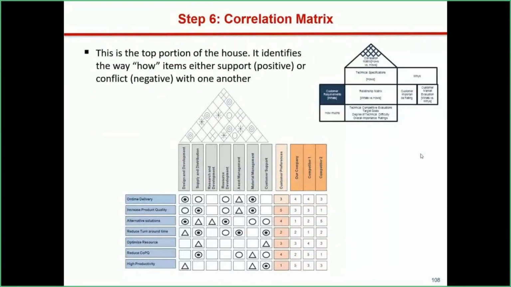Now, based on this that we have received, you see this is the top portion of the house that identifies the way items either support positive or conflict negative with one another. So there are different symbols again used here to identify the relationships. That is the how versus how matrix. And these are the symbols.